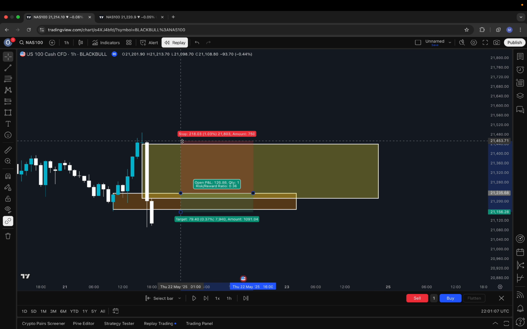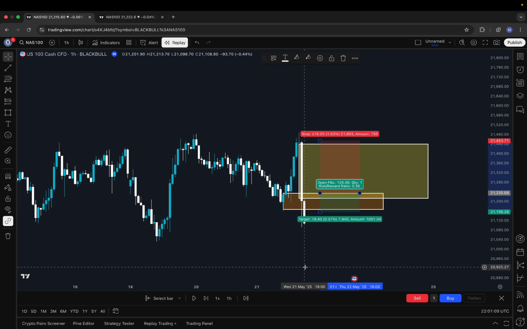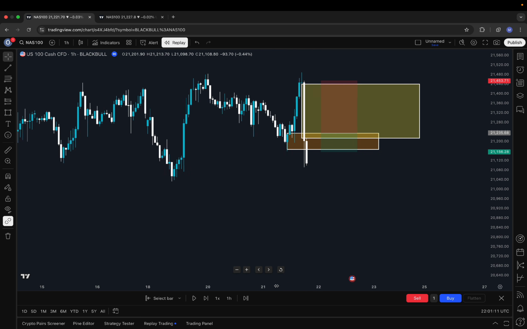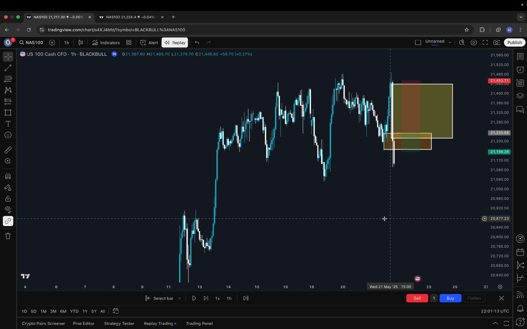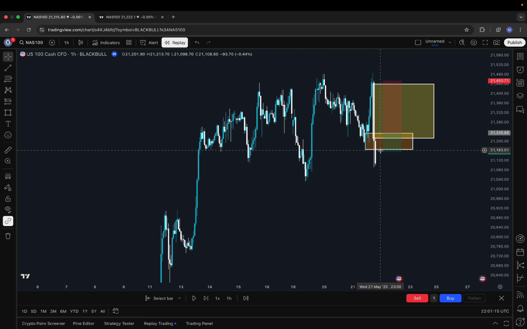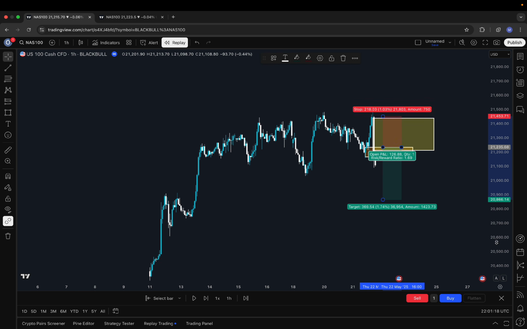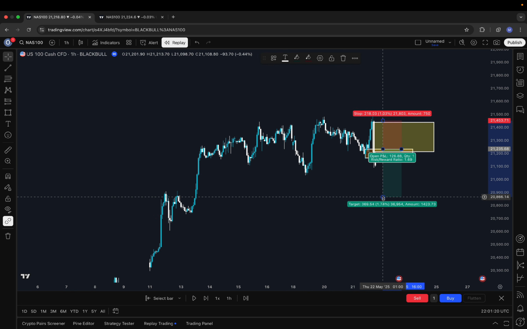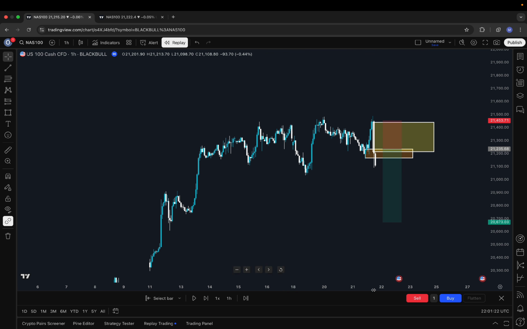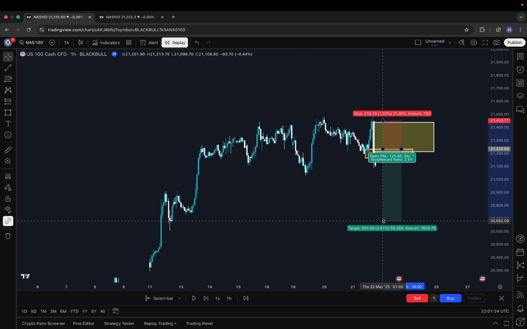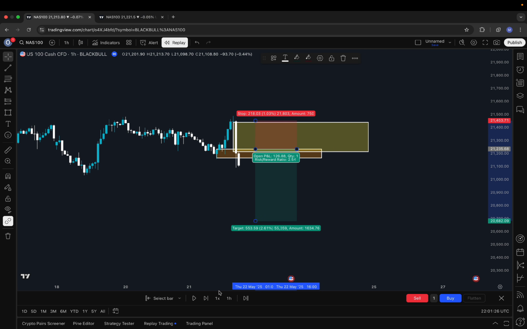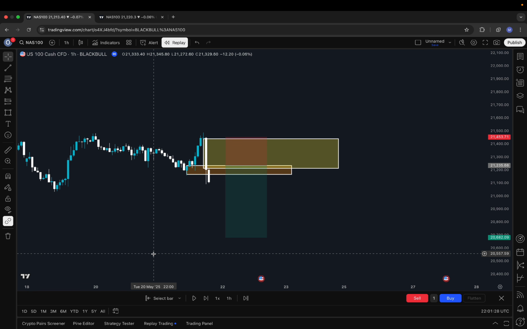You can also put it at this high, and then we would target a simple 1 to 2, or you can target different areas in the market such as a low. So I'm going to target this low down here. I'll just close it to the body. There we go, and that's a 1 to 2.5 risk to reward.